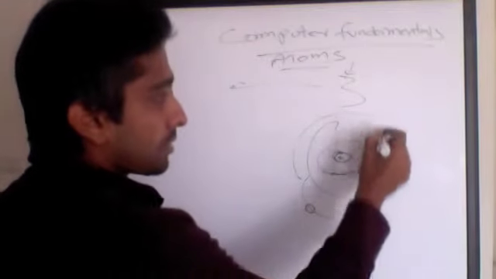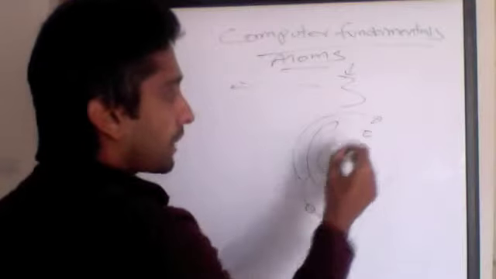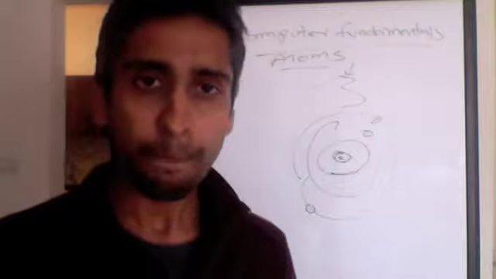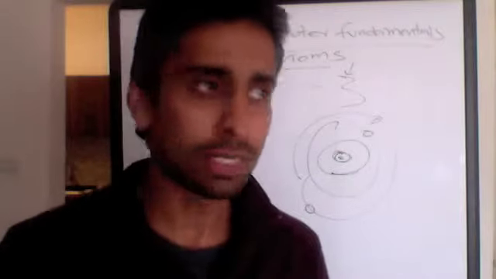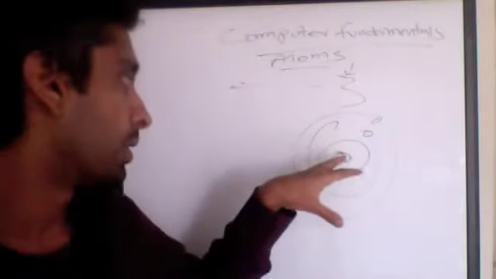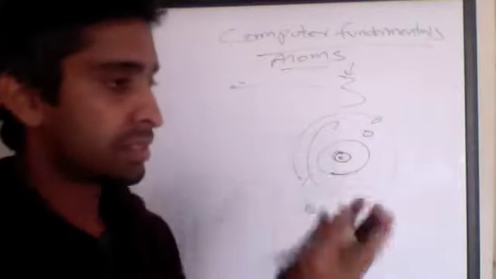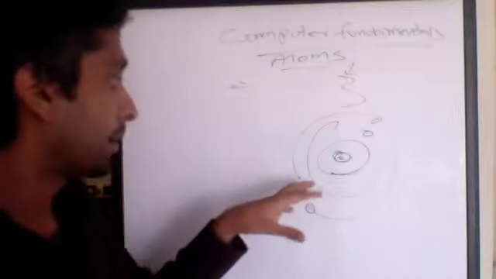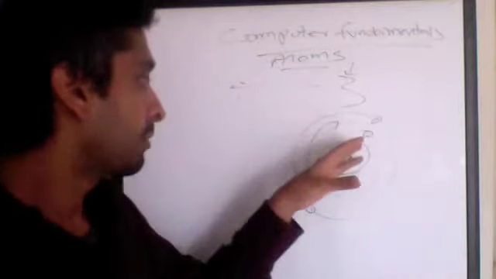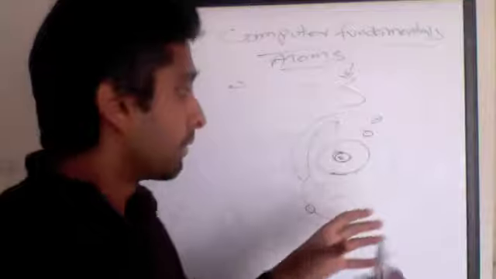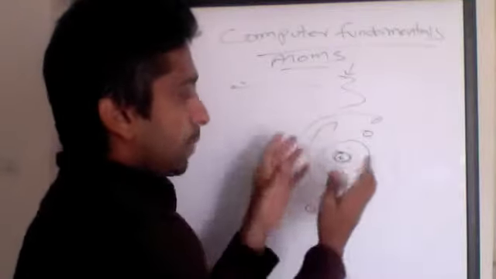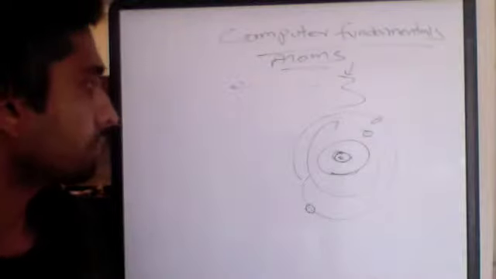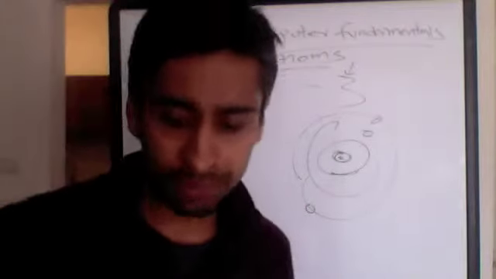This is Rutherford's model of the atom, in which you have the positive charges concentrated in the center, and the negative charges, which are the electrons, orbiting around this positively charged nucleus. So this was Rutherford's atom model.